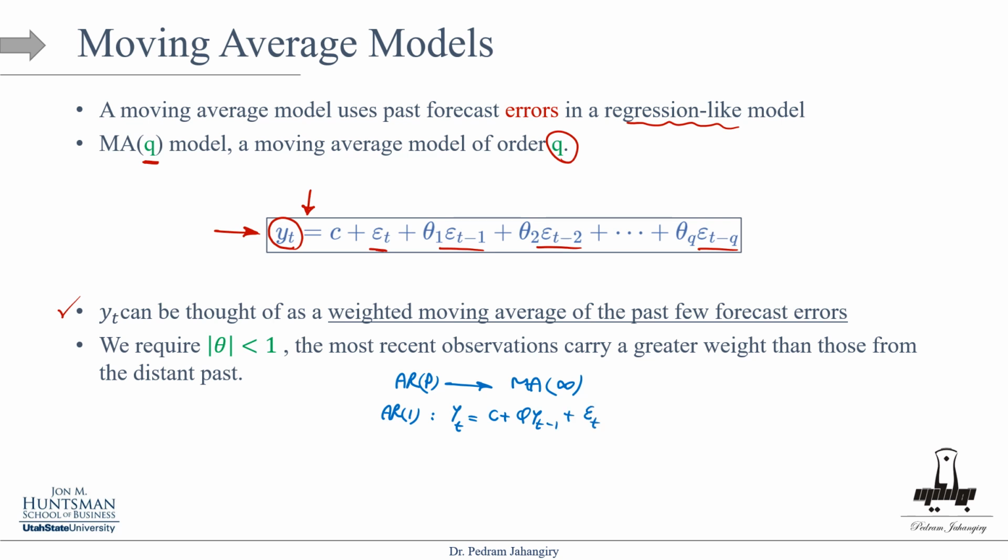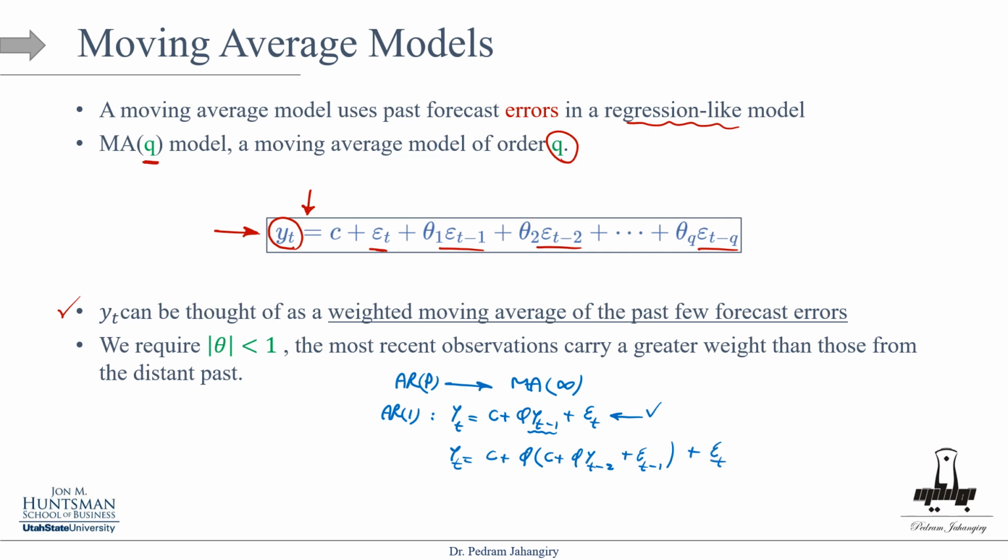Now, what if I replace this YT minus 1 with its value from this model? So what do we get? YT is equal to C plus, again, phi multiplied by YT minus 1. I want you to use this formula and replace T with T minus 1. So what do we get? C plus phi YT minus 2, hopefully you're following, plus epsilon T minus 1 plus your epsilon T.